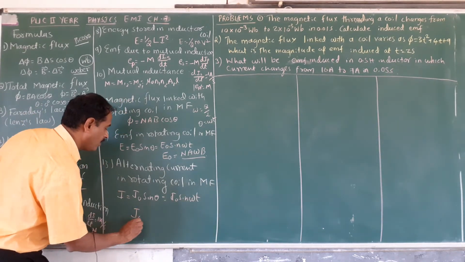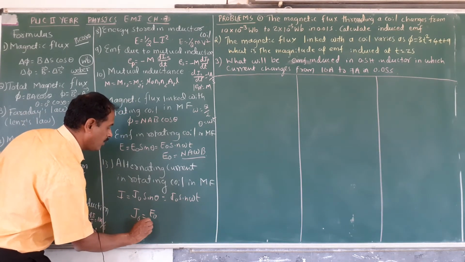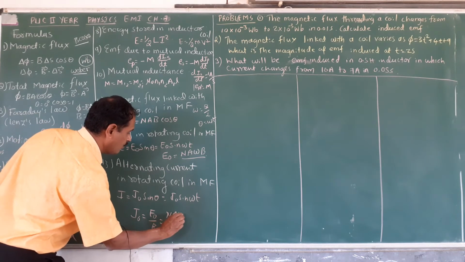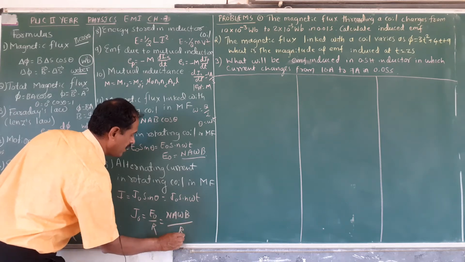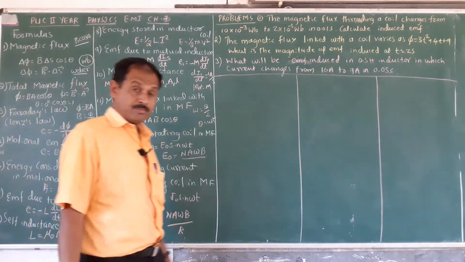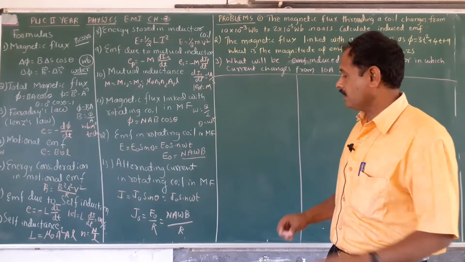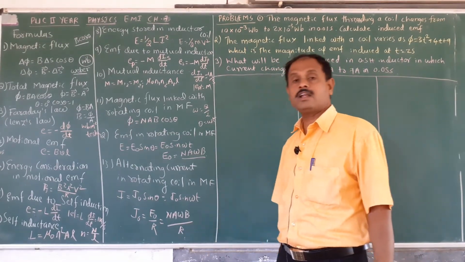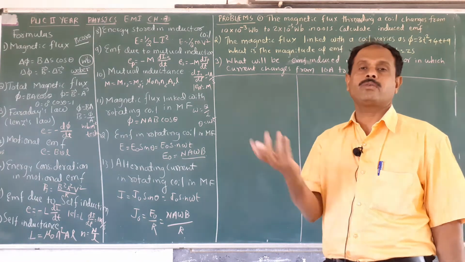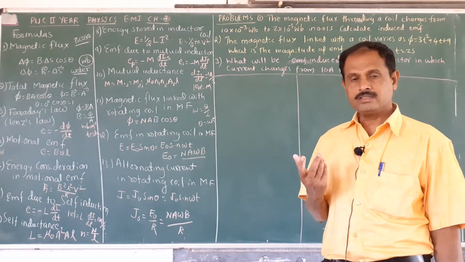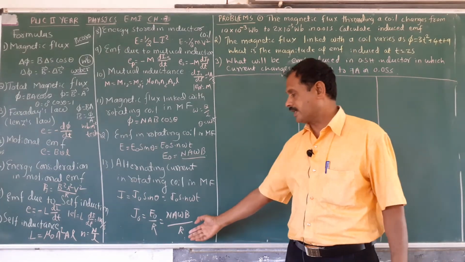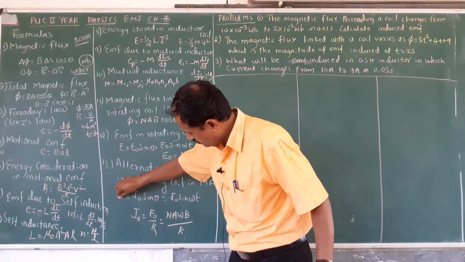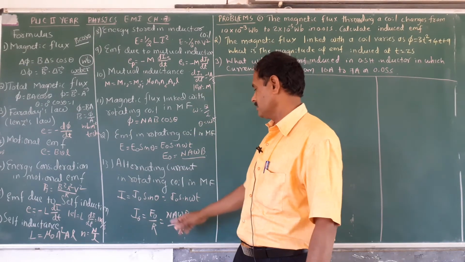I naught is equal to E naught divided by R. E naught is N A omega B divided by R. N is the number of turns, A is the area of the coil, omega is the angular speed, B is the magnetic field, and R is the resistance of the rotating coil. This is alternating current, I equals I naught sin omega t.